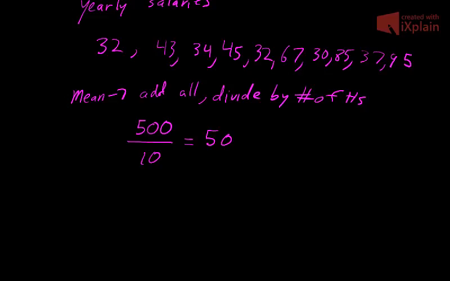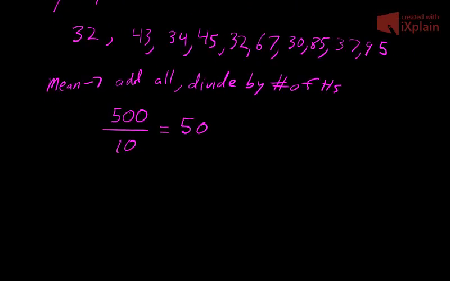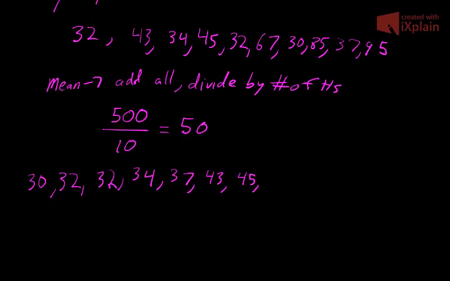But looking at it a different way, we could look at the median. So to do the median, I would have to line all of these up. I have 30, 32, 32, 32, 34, 37, 43, 45, 67, 85, 95.